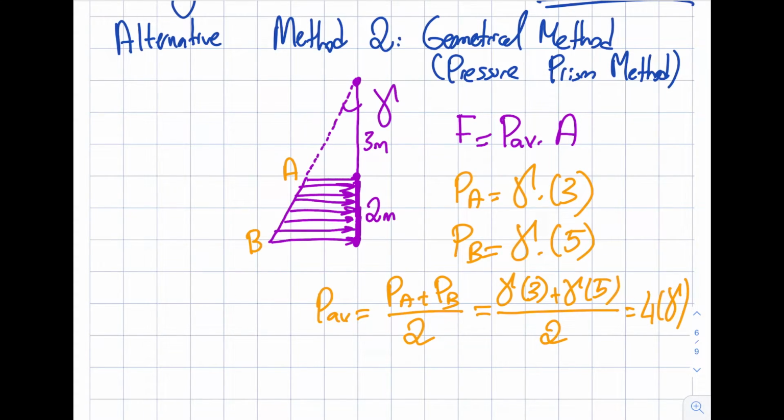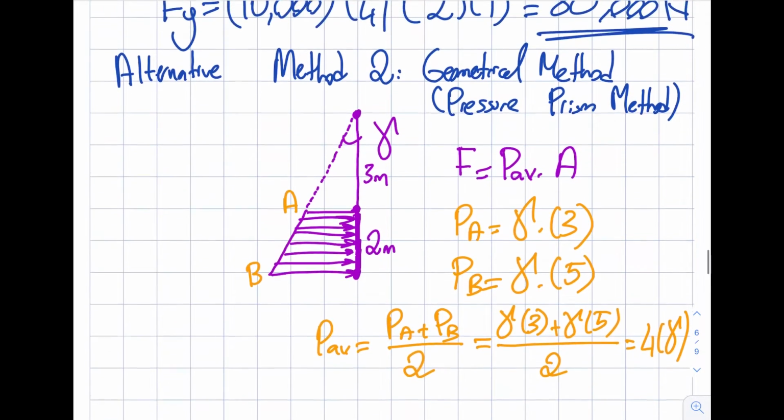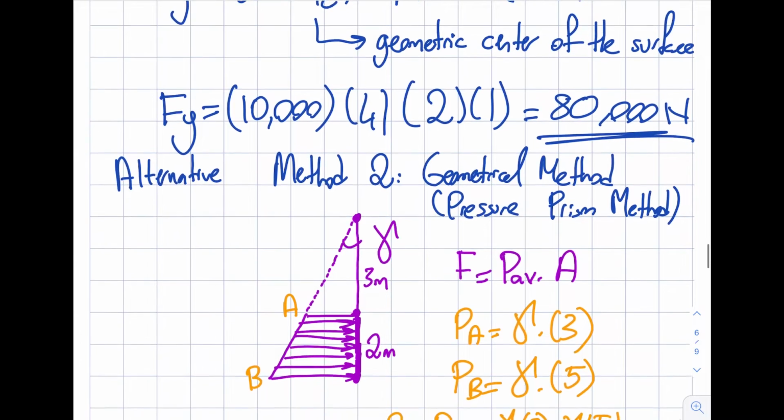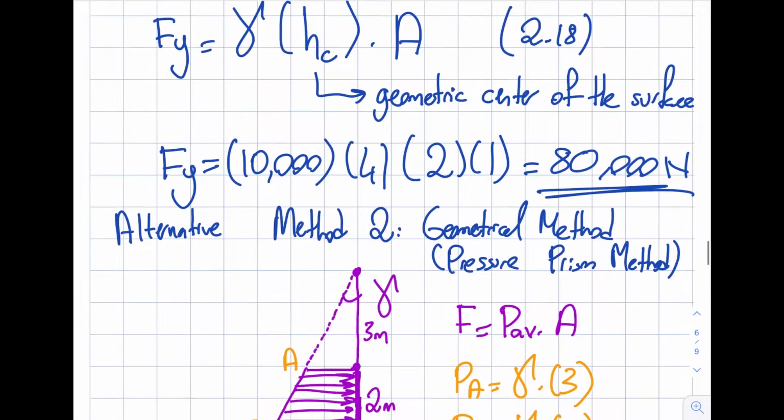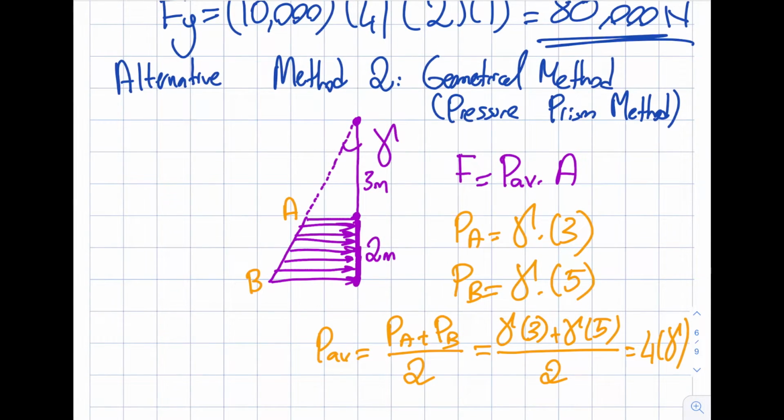Now I want to go back and relate this to the second method, or alternative method 1. Take a look at it. I didn't derive it for you to save some time, but this is HC, the geometric center of the plate. Did you see something over here? When I average PA and PB, I pretty much get the pressure at the geometric center of the plate.